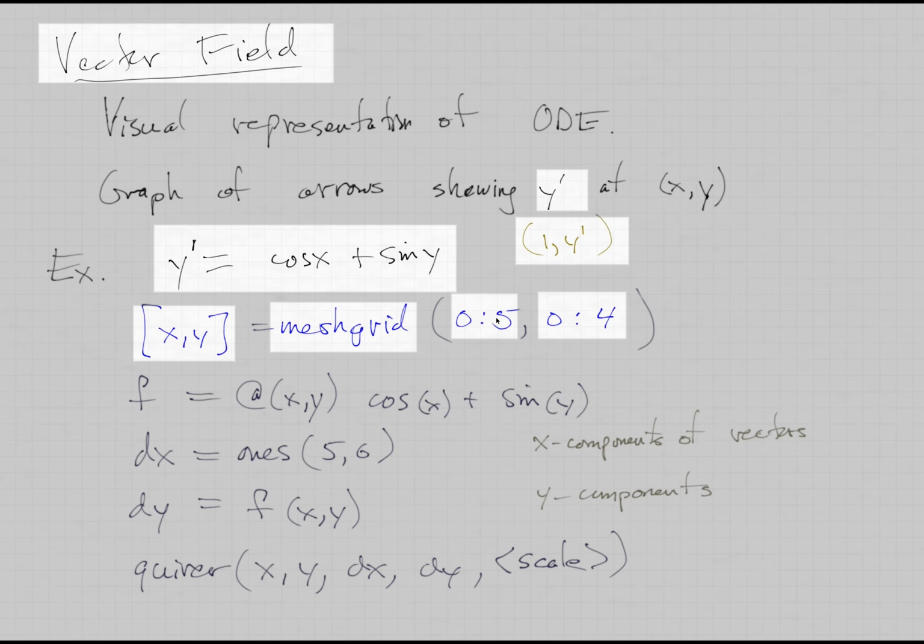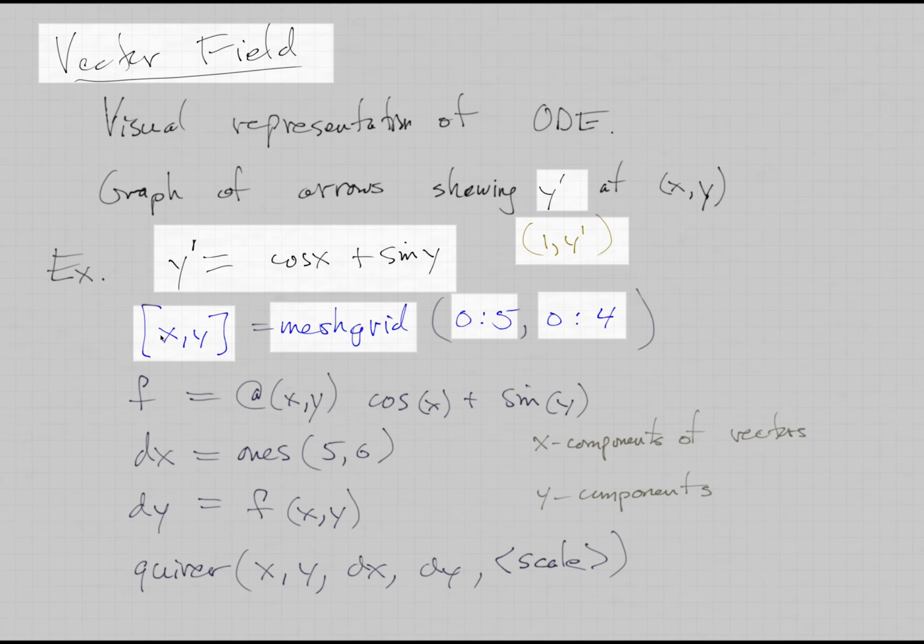So this is going to return two 5x6 arrays, representing the x and y coordinates respectively at all the points in this rectangle in the xy plane. So our rectangle is going to go from x equals 0 to x equals 5, and from y equals 0 to y equals 4. And it's going to be segmented into units, into whole values of the coordinates.